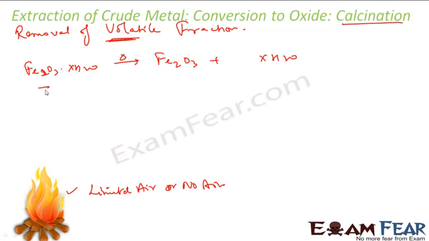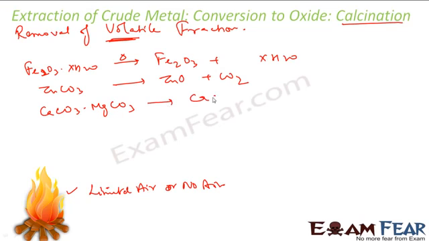If I have zinc carbonate, you heat this, you get zinc oxide and carbon dioxide. If I have CaCO3.MgCO3, if you heat it, it becomes calcium oxide, magnesium oxide and carbon dioxide. You see, carbonates also we are converting into oxide, and we are also removing the volatile component.